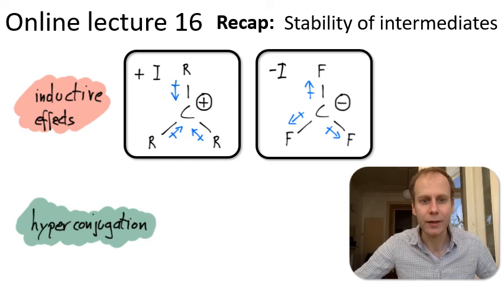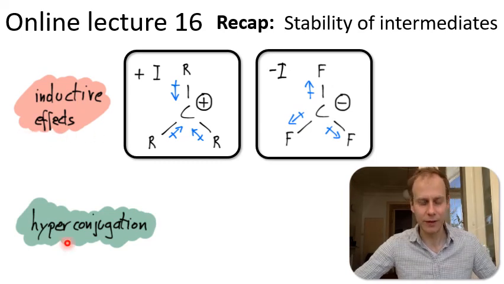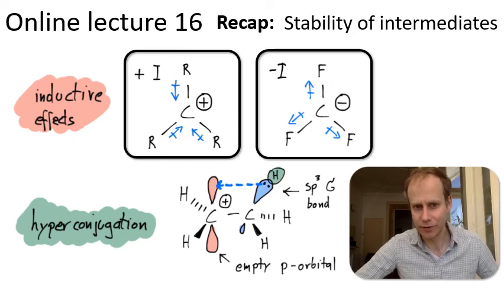Then next, after the inductive effect, we spoke about hyperconjugation. Hyperconjugation is usually a stabilization mechanism that works together with the inductive effect. So here is a carbocation again. It has an empty p orbital, and adjacent to it is this methyl group.